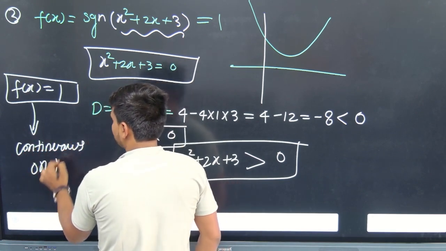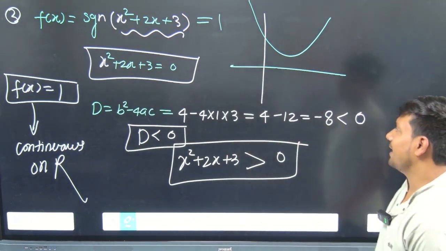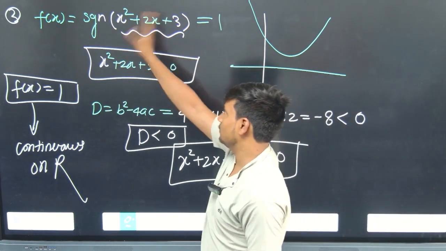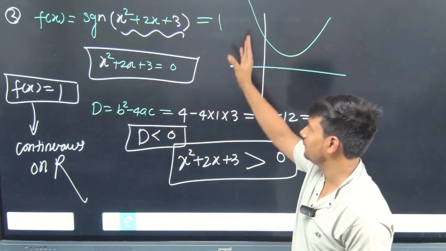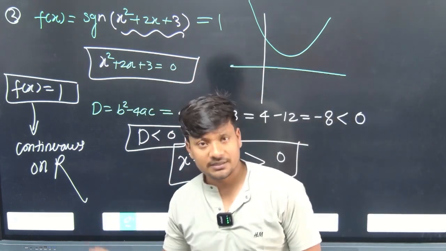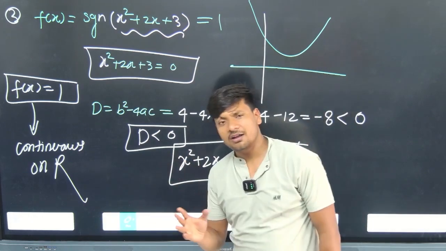Continuous on R. This function is always continuous because we checked that the inside is always greater than 0, so the function value will be 1, and f(x) equal to 1 is a constant function, hence continuous for all real numbers.